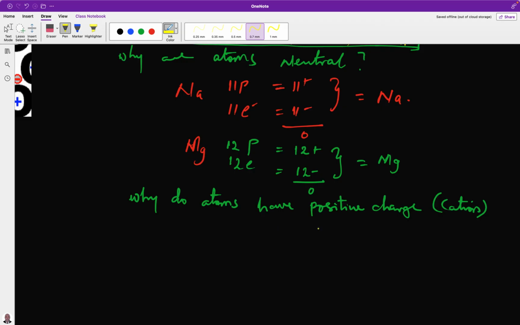So let me use sodium again as our example. If the sodium atom has 11 protons and only 10 electrons, 11 protons mean 11 positive charges and 10 electrons mean 10 negative charges.